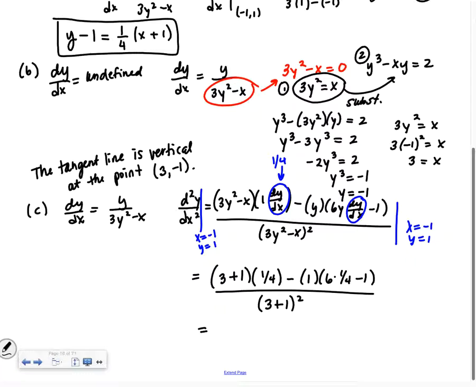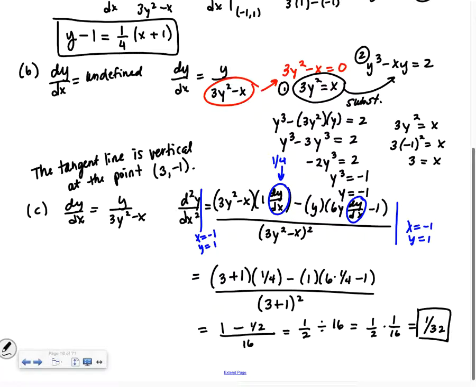So we get 4 times 1/4, that's nice, we get 1, minus, let's see, 3 over 2 minus 1, right? 6 over 4 minus 1 is 3 over 2 minus 1, so 1/2. All over 4 squared is 16, so we get 1/2 divided by 16, which is 1/2 times 1 over 16, so your answer should be 1 over 32. So the second derivative ends up being 1 over 32 there.